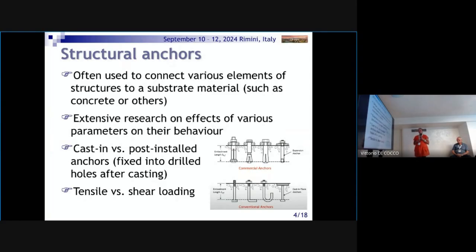The anchors can be divided according to the way of their installation in the concrete. We can distinguish cast-in or post-installed anchors, and we can also distinguish the anchors according to the kind of their loading. We can load the anchors in tension or in shear.